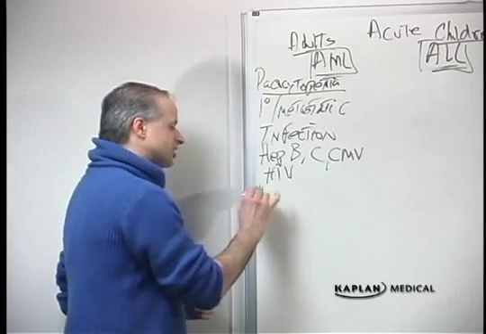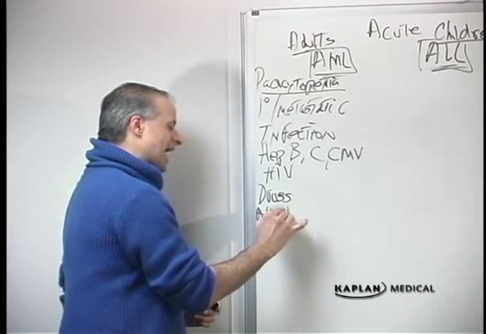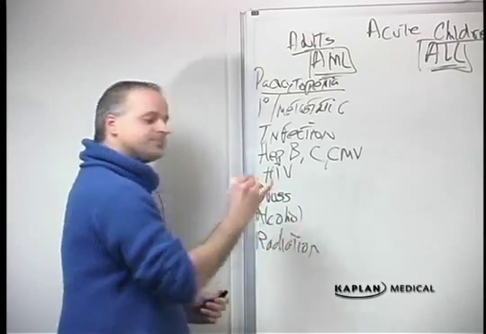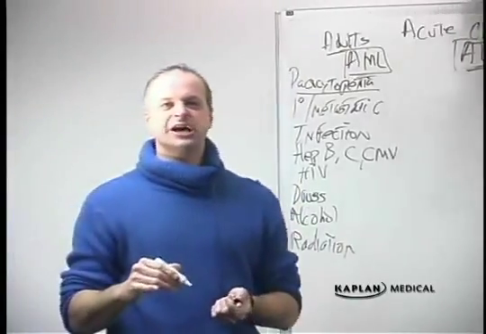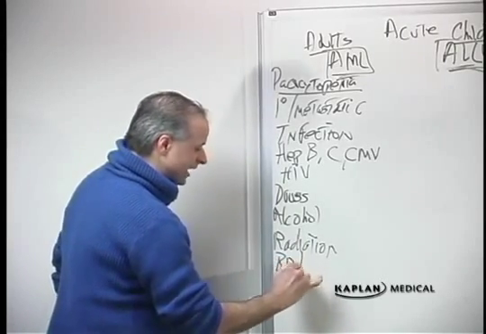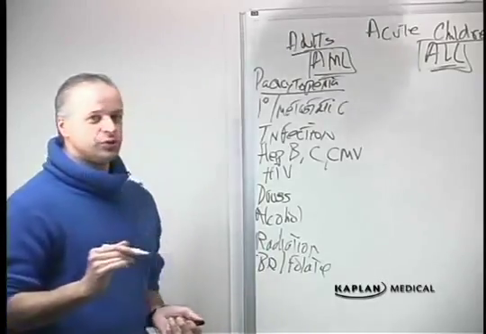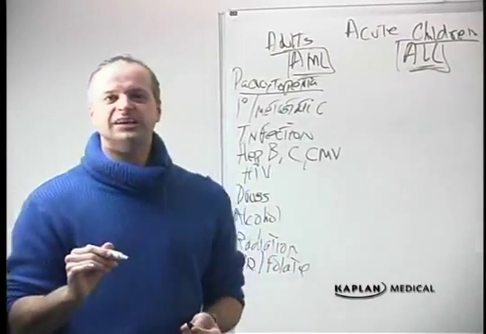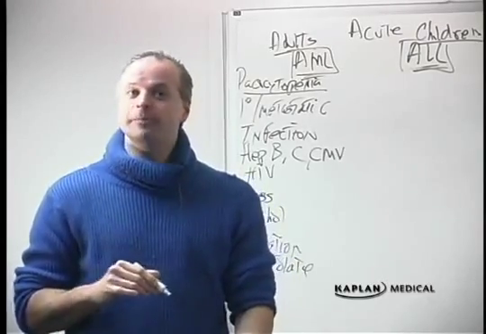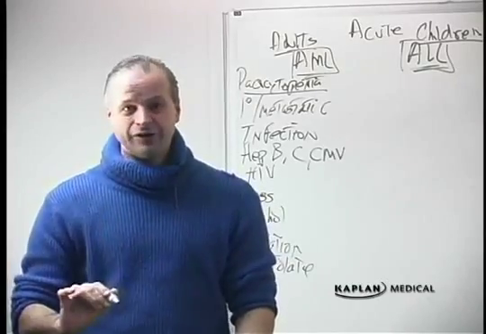You can have effects of drugs, alcohol, and radiation on the marrow, freezing the production of that marrow. Although you and I think of B12 and folate predominantly as red cell disorders, you could also have B12 and folate presenting with pancytopenia, all 3 cell lines down.